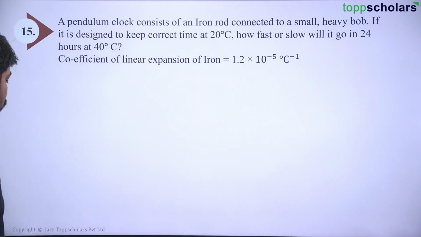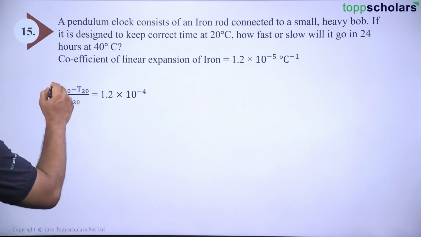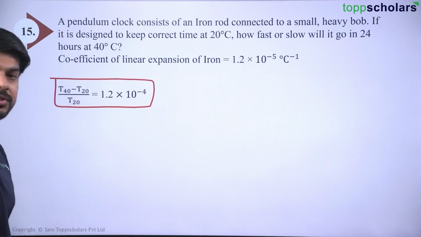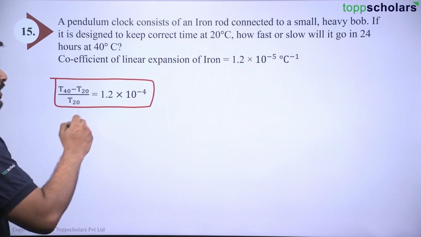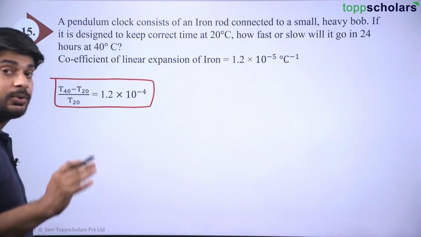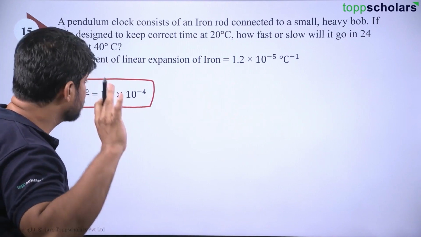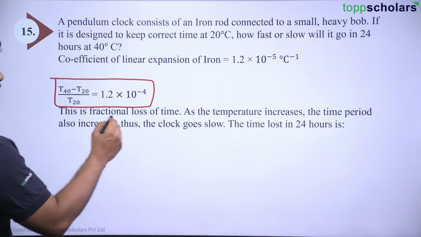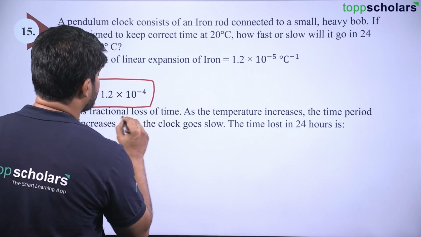So finally, T40 minus T20 upon T20 is 1.2 into 10 raised to minus 4, isn't it?